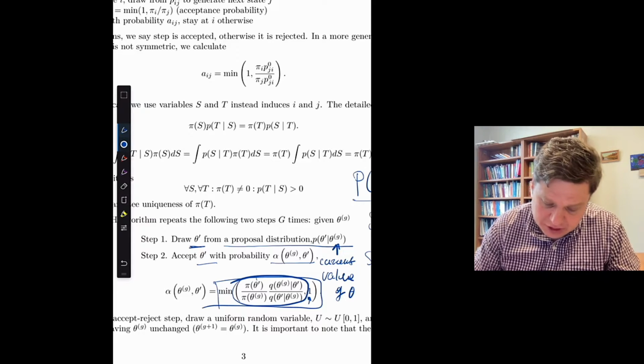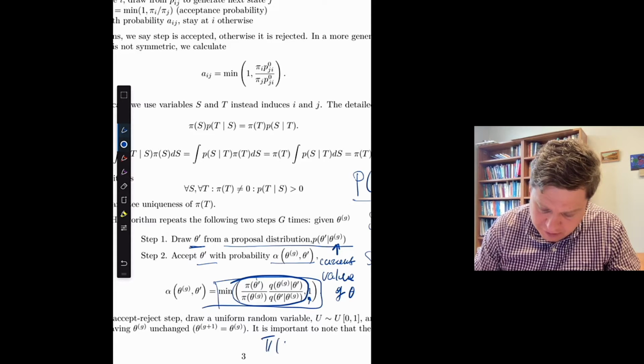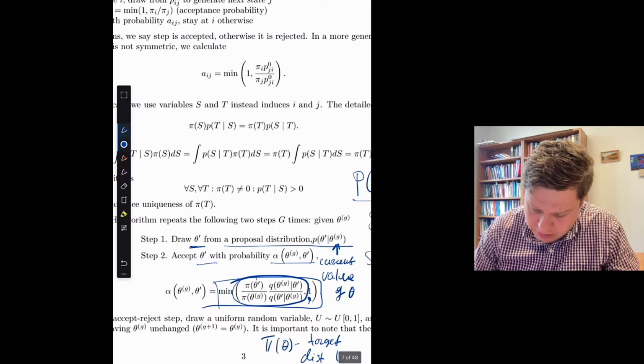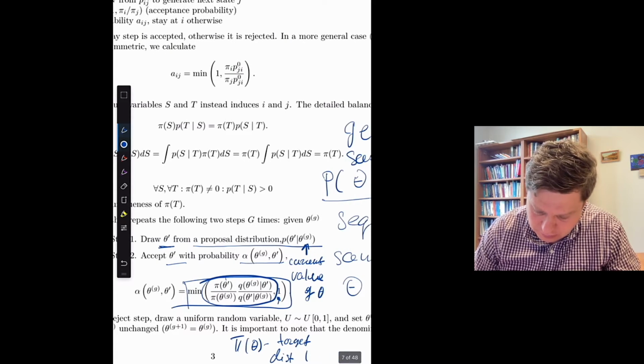If you look carefully, pi of theta is our target distribution here. So in the case of a neural network, that's going to be the posterior p of theta given the data.